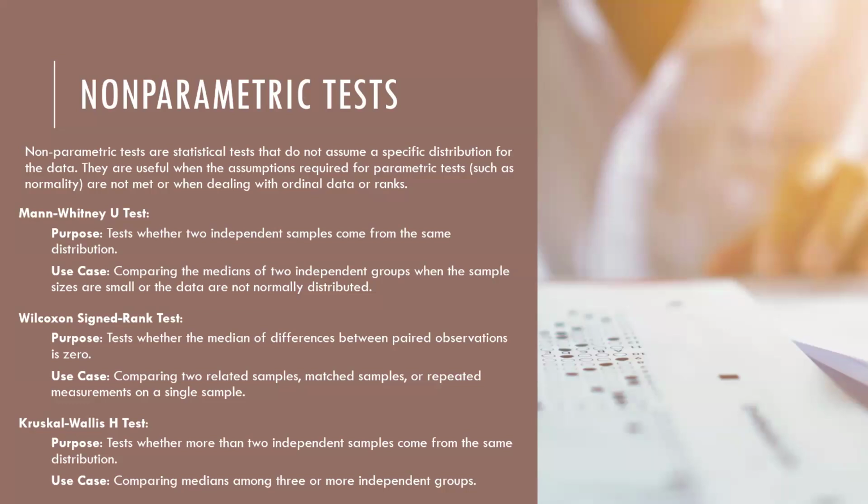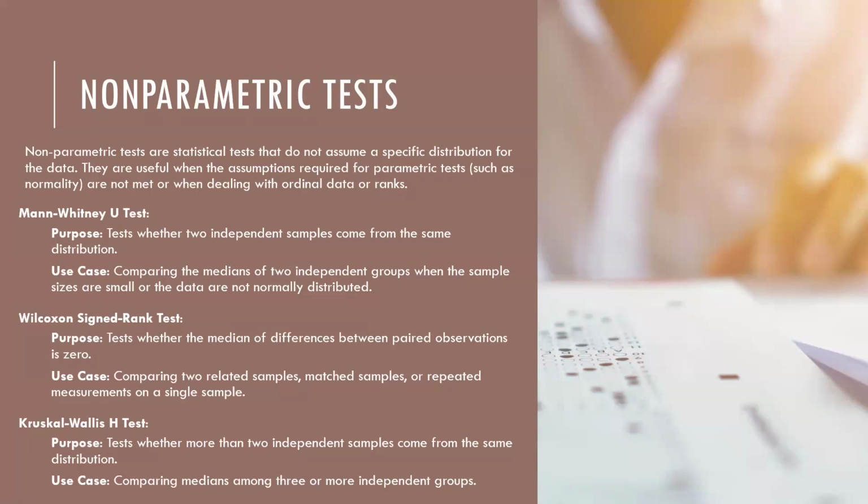The Mann-Whitney U-test is the non-parametric equivalent to the independent samples t-test. The Kruskal-Wallis, the one at the bottom, is a test of more than two independent samples. So the Kruskal-Wallis test is the non-parametric version of the analysis of variance, the one-way analysis of variance.